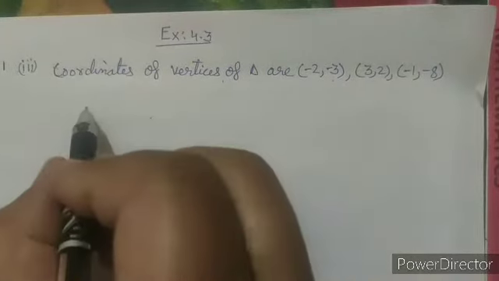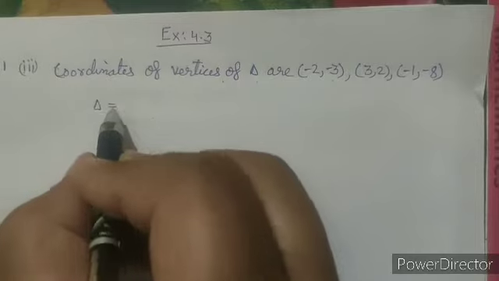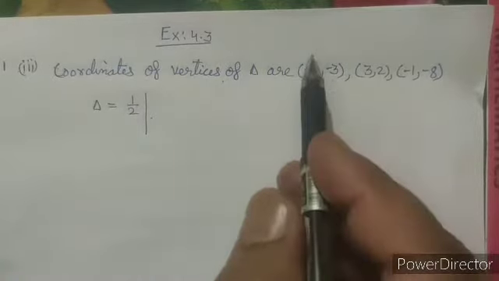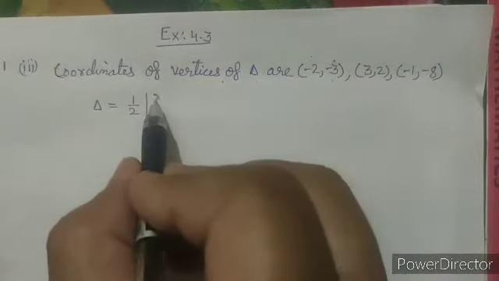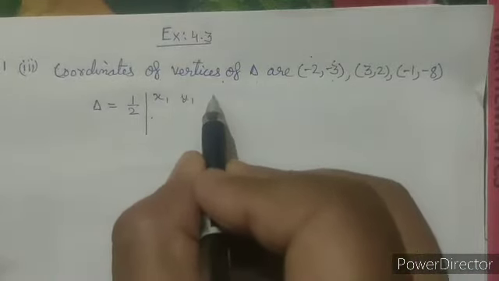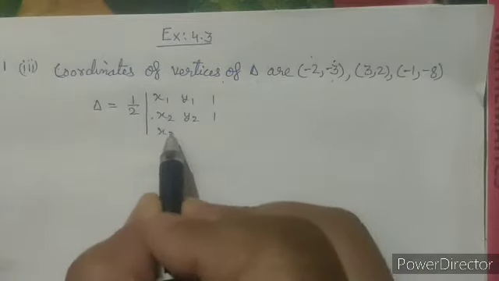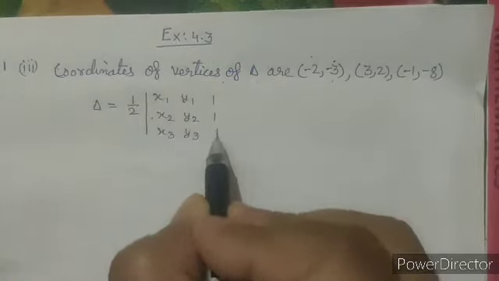Then the area of the triangle, that is delta, will be equal to half into, now the formula was, the determinant of x1 y1 1, x2 y2 1 and x3 y3 1.